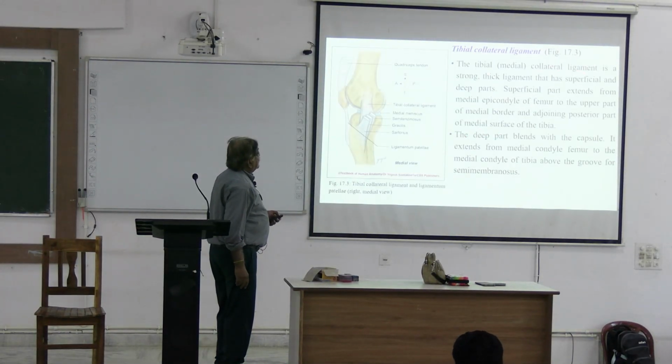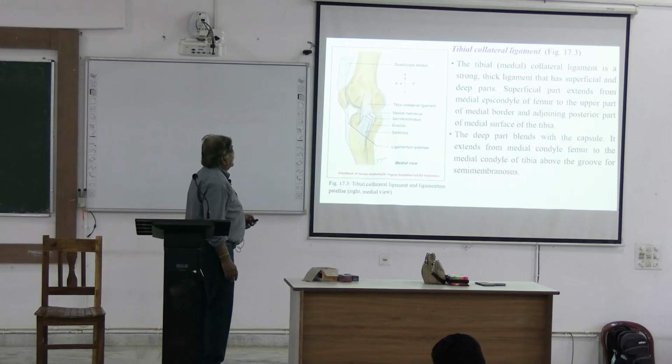Now the tibial collateral ligament is a strong and thick ligament that has superficial and deep parts. The superficial part extends from the medial epicondyle of the femur to the upper part of the medial border adjoining the posterior part of the medial surface of the tibia. This is the medial surface of the tibia. See?